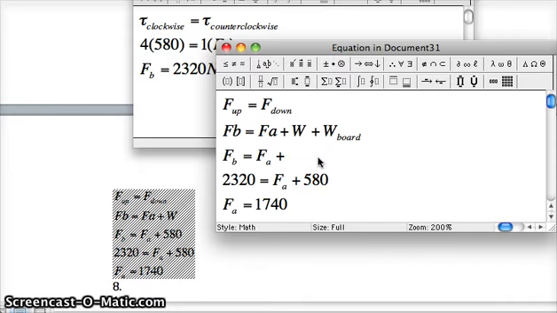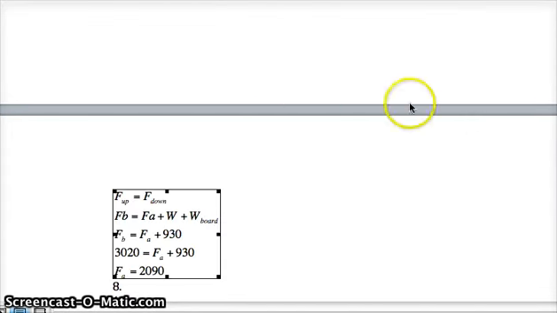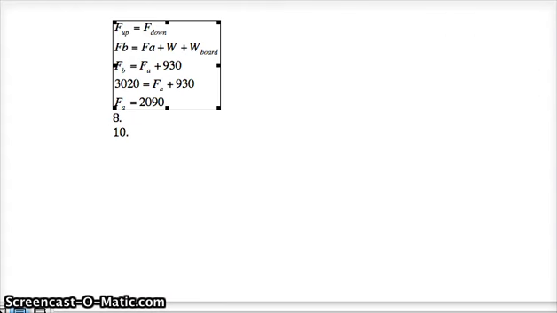And so that's going to be plus 930. And in this case, FB wasn't 2320, it was 3020. And the weight is 930. So our FA in this case is going to be 2090. There. All set. Now we move on to part 8.